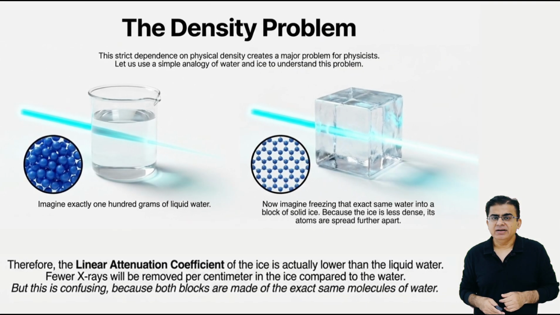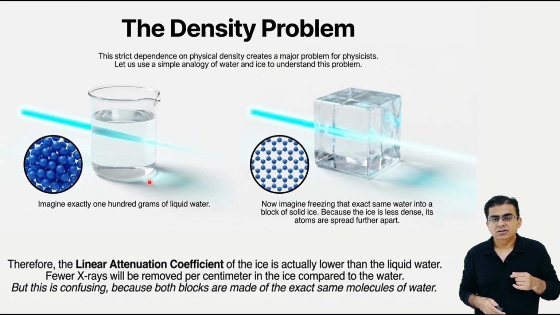Let us explain why density of a material creates a problem. This strict dependence on density makes dose calculation very difficult. We have just seen our simple analogy of water and ice. We started with exactly 100 grams of liquid water.